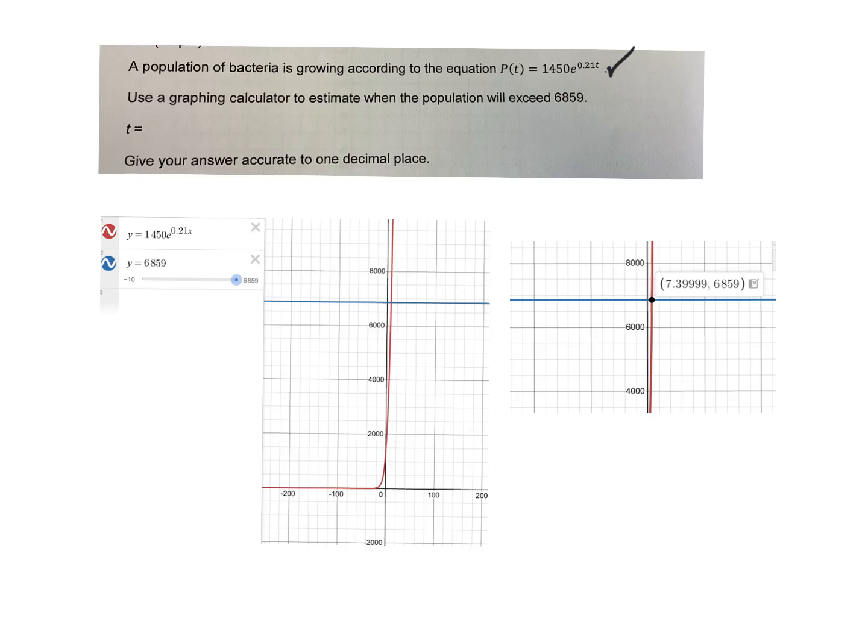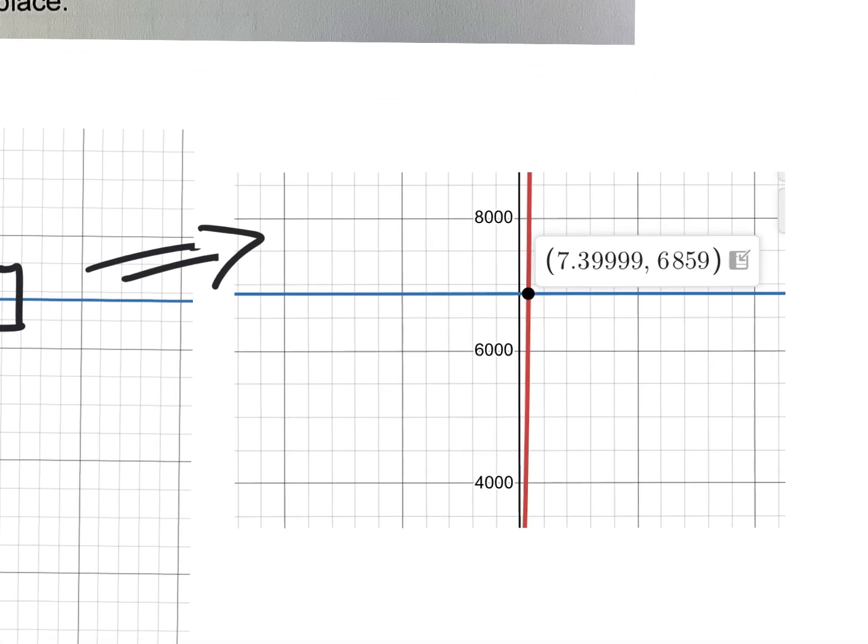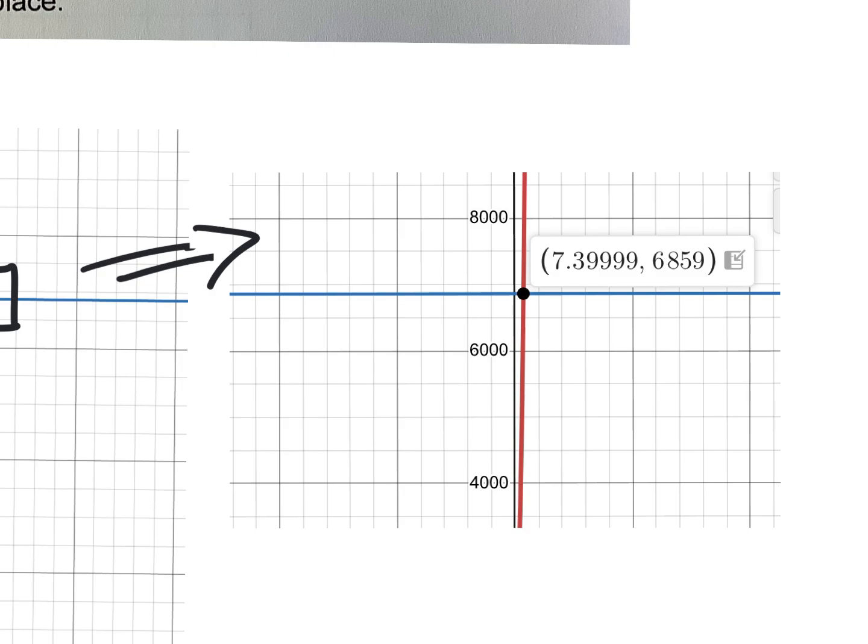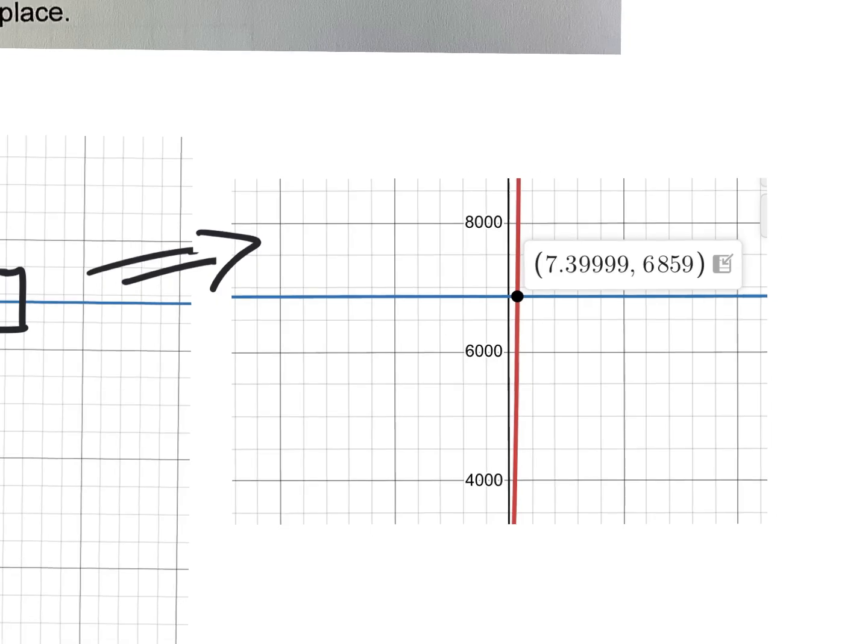So then you're going to zoom in on this area. So that's over in this window. And when you focus that in there, you're going to end up with an X value of 7.39999. And I think it might tell you to round to the nearest tenth, which would be 7.4. So after 7.4 years, the population will be that large.